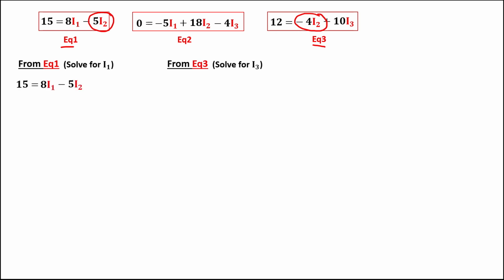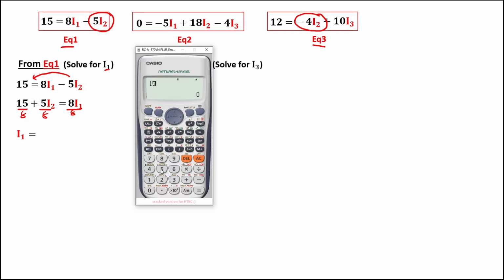From equation number 1, to solve for current 1, transpose this current 2 to the other side. So this becomes positive. Then divide both sides, or every term, by 8. So current 1 equals 15 divided by 8.